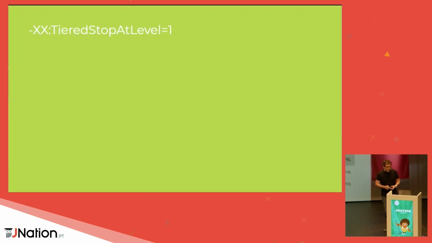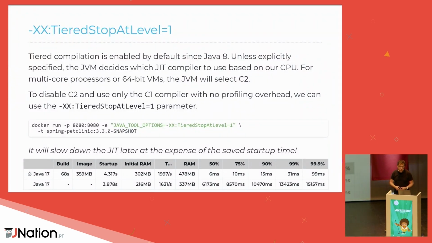Right. You can also, for example, instruct the garbage collector. Sorry, not the garbage collector, the JIT, the just-in-time compiler. If you specify tiered stop at level 1, you don't get the C2 JIT, but you get the C1. And the C1 is not doing profiling and monitoring and other things, so no optimization will happen.